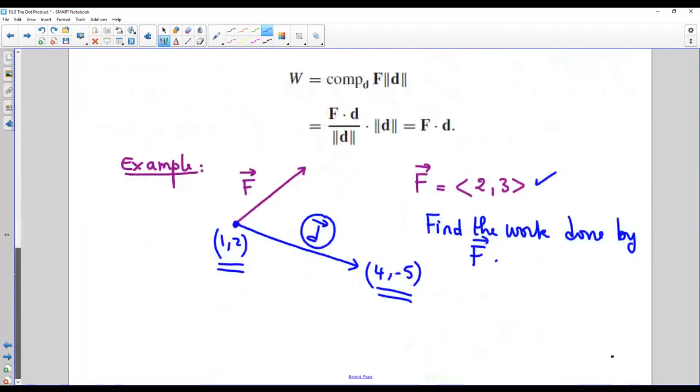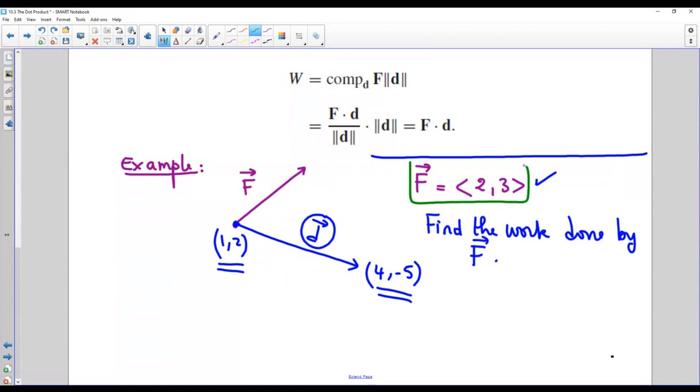Okay, so a slightly different way of doing this now. What is the vector D?